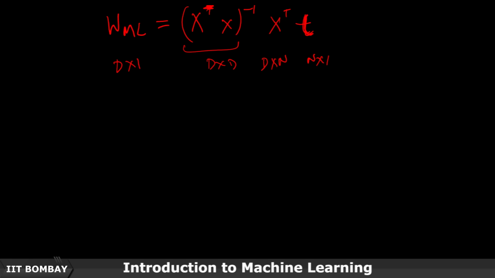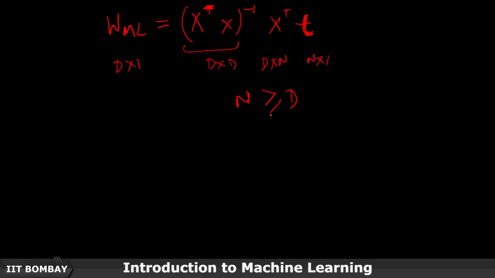But now there is something more to it than what meets the eye. In general you will have n greater than or equal to d, at least. Why is that? Because otherwise we'll have an underdetermined system where we have more unknowns than the number of equations.